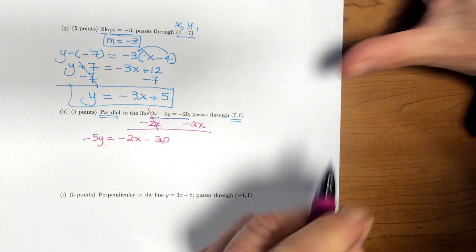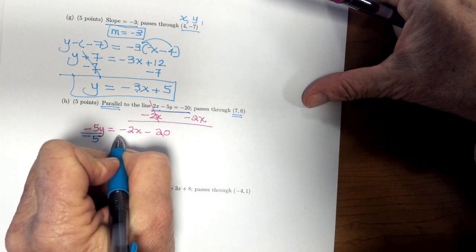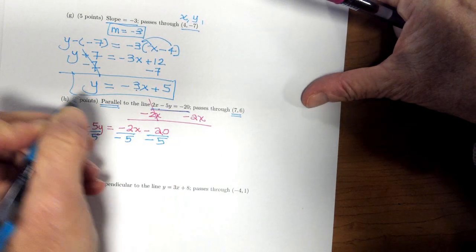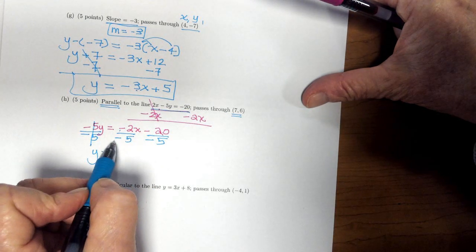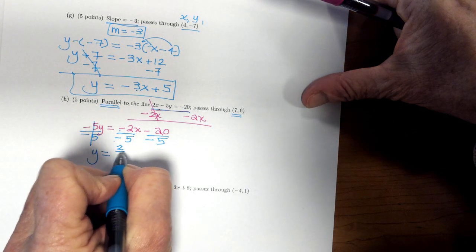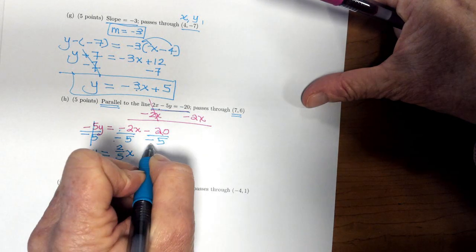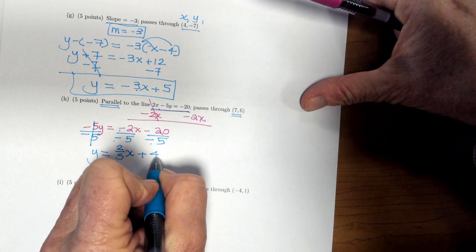I'm going to continue by dividing everything by negative 5. And when I do that, I'm left with y is equal to, a negative divided by a negative is a positive, so I'm left with 2/5 x, and a negative divided by a negative is a positive, and 20 divided by 5 is 4.